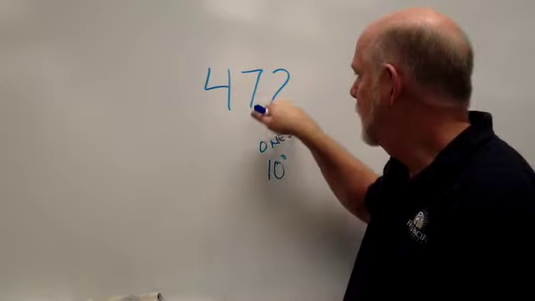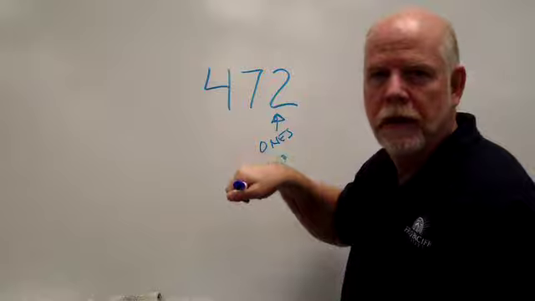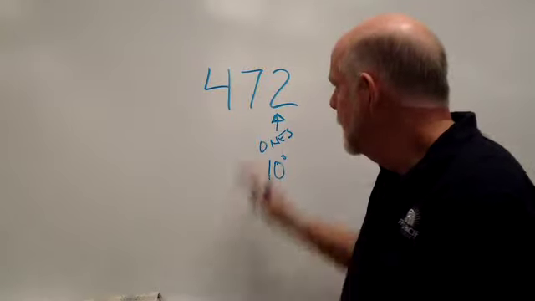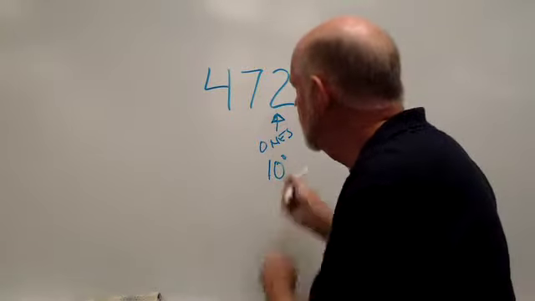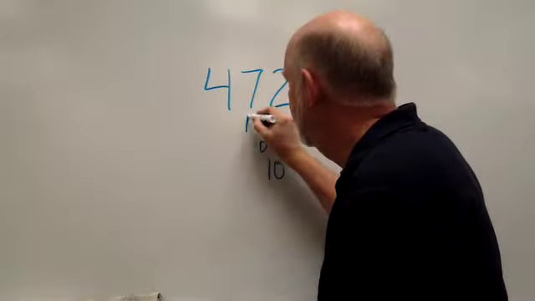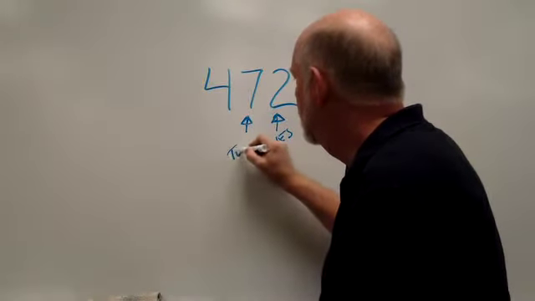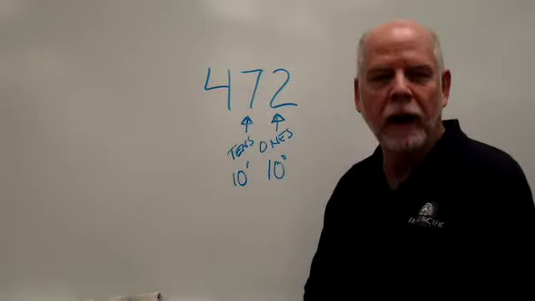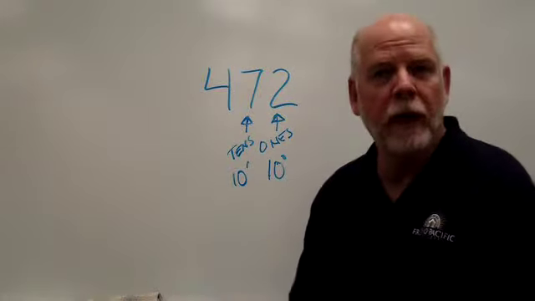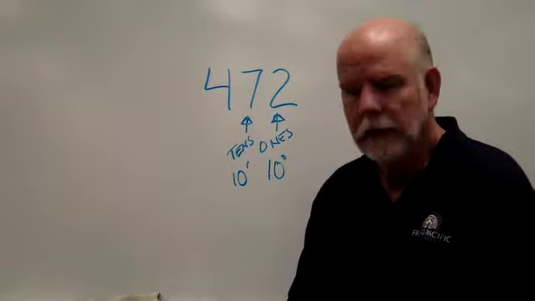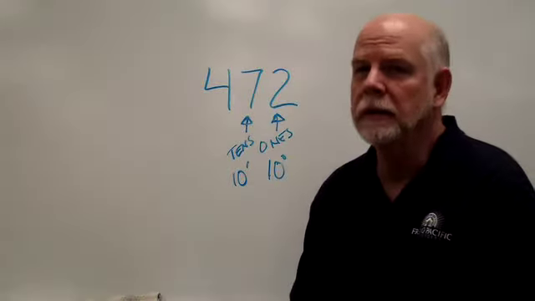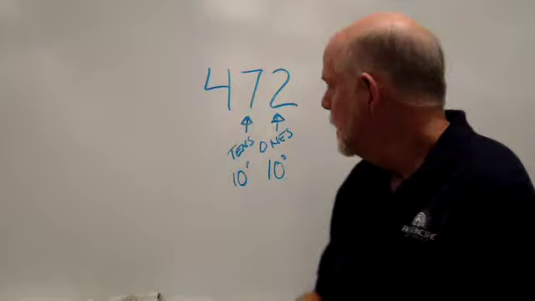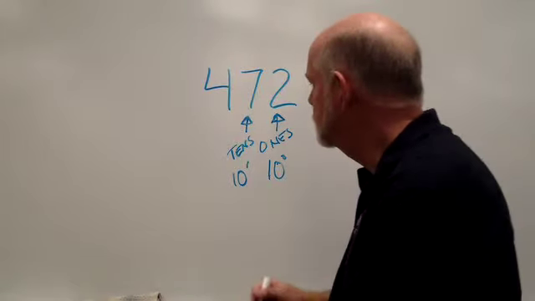Okay? And then we can have a multiplier in there of how many ones we have. Okay? Then as we progress over here again to the tens place, we end up representing that as 10 to the first power. And anything to the first power is always itself. Okay? Essentially you're multiplying it by itself once, and so it's just itself. And so the tens place is 10 to the first power.